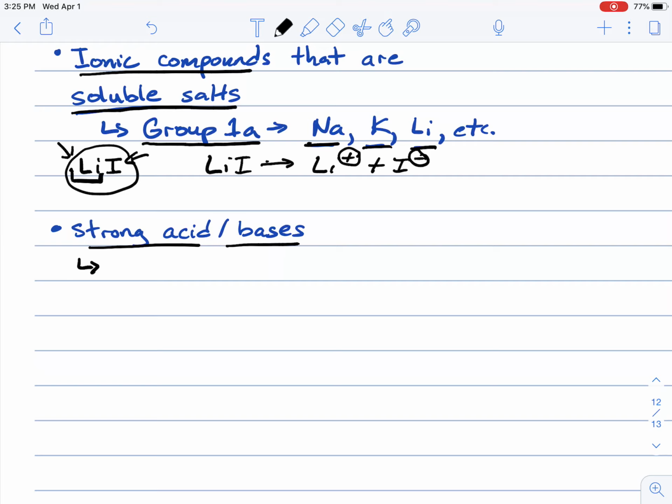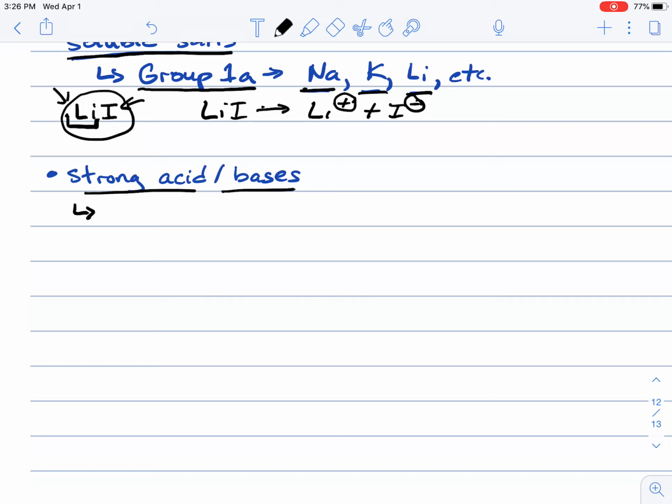However, we can go ahead and just list out common strong acids and common strong bases that act as a strong electrolyte. Some examples for strong acids are hydrochloric acid, hydrobromic acid, hydroiodic acid.